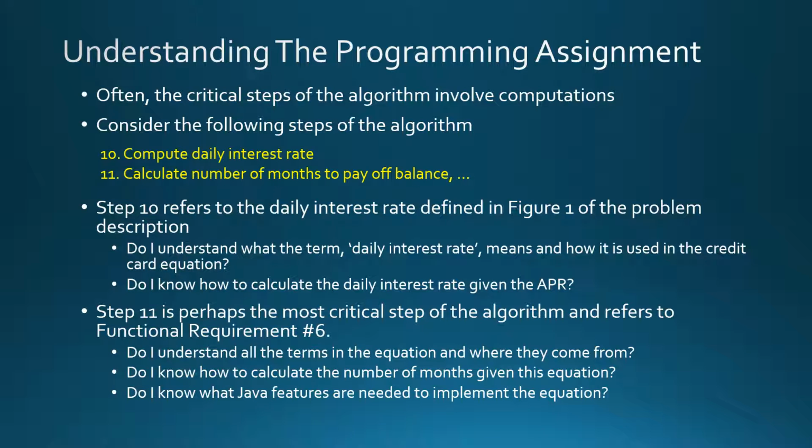It also has a mathematical function, the natural log. So do I know how to calculate the number of months given this equation? That is, can I evaluate that equation if I plug in values for balance and payment and interest, where that interest is derived from APR?